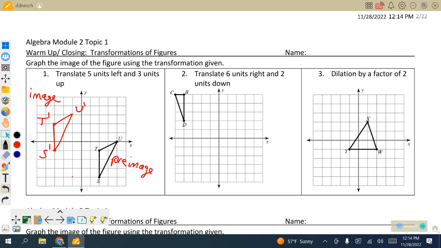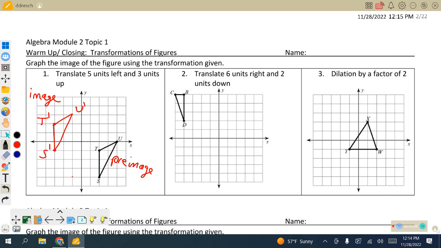Translate that thing 6 units right, 2 units down. Keep saying a translation. A translation is left, right, up, and down. It's a slide. It goes left, right, up, and down, just like an elevator. Everything goes that same direction, that same distance. So make a point, do it.